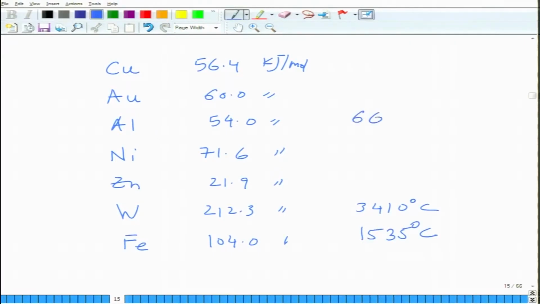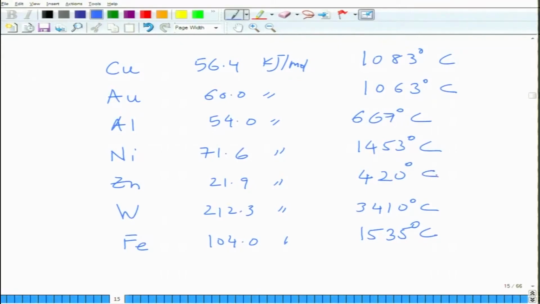Aluminum we know is 667, copper is 1083 and gold is 1063 degrees centigrade. Nickel is again high bond energy, its melting point is 1453 degrees centigrade, and zinc of course is very low, 420 degrees centigrade.